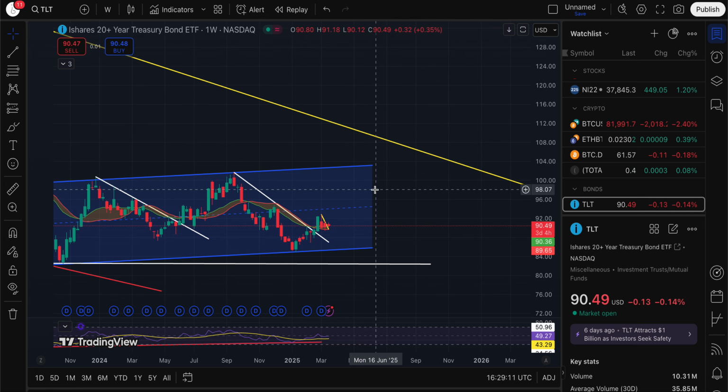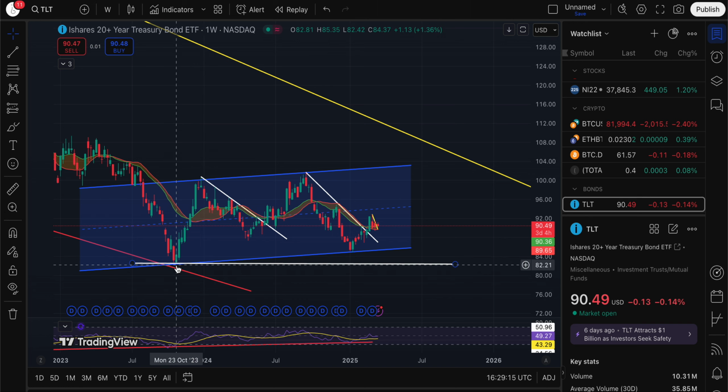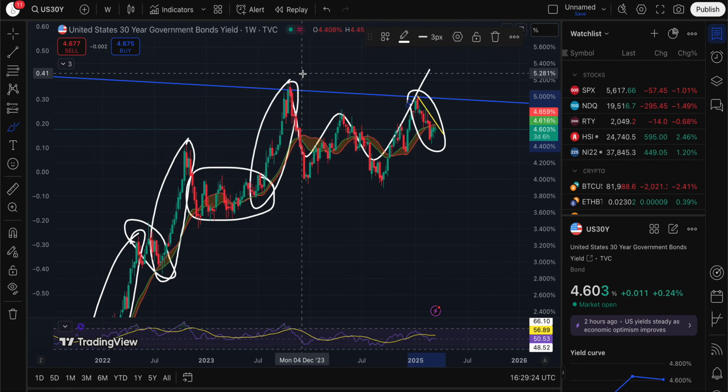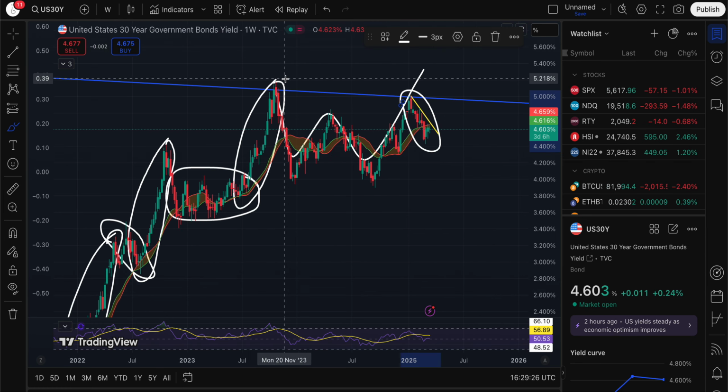It all comes down to the data. Because, again, we still haven't retested or swept the previous low in TLT, which is this first high on the yield so far.